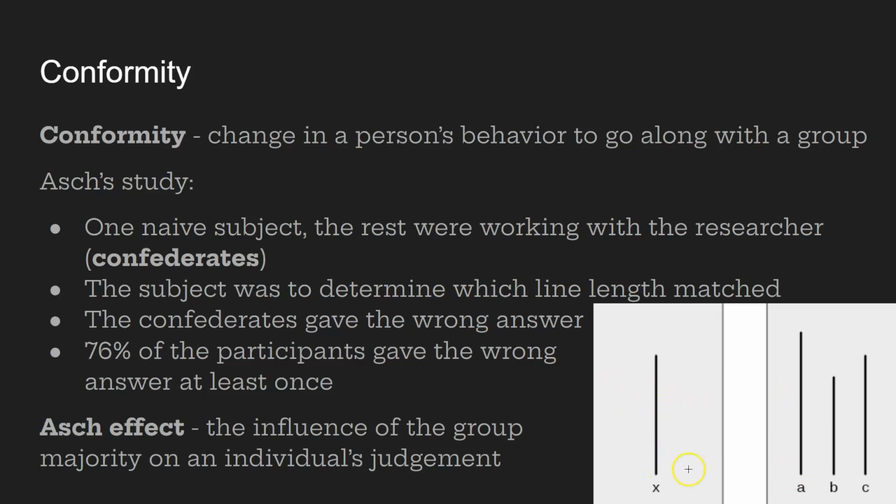This is pretty obvious, X obviously matches C. But the confederates all gave the wrong answer. 76% of the participants gave the wrong answer at least once to match with the confederates. The Asch effect is the influence of the group majority on an individual's judgment.